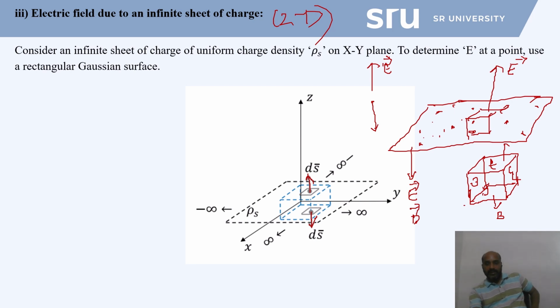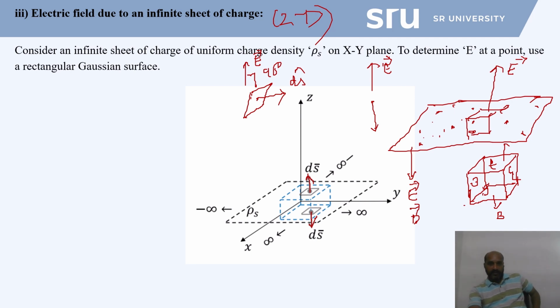But if you see the two side faces, this is the direction of electric field, but the direction of surface is here, dS. Now both are 90 degrees, cos 90 is 0. So there will be no flux through the two side faces.